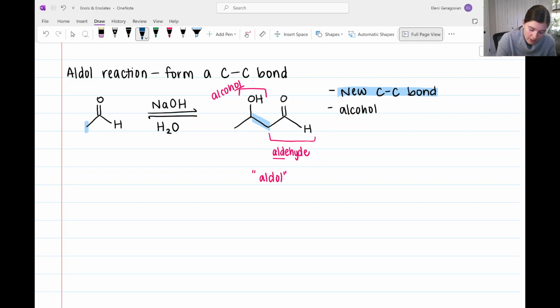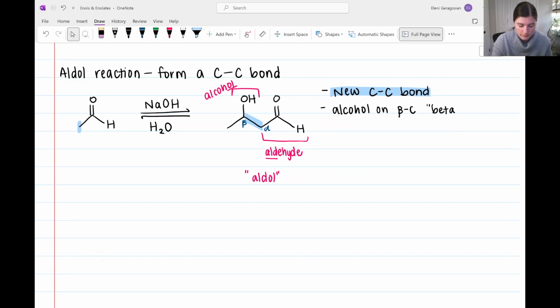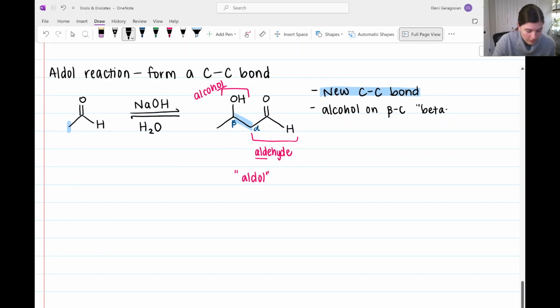So relative to the carbonyl, the adjacent carbon is the alpha carbon, one carbon over is the beta. So we have an alcohol on the beta carbon. Sometimes these are called beta hydroxy groups. Remember, hydroxy is another word for alcohol.